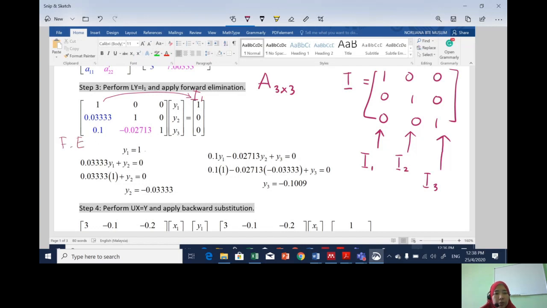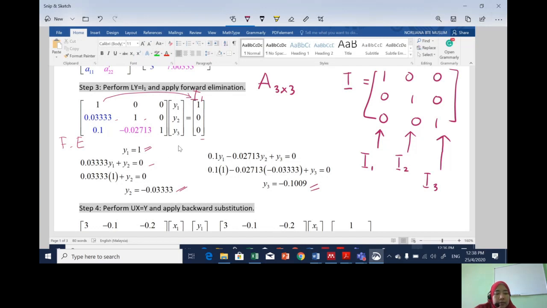We start by finding y1, and then we write down the equation for the second row, set it equal, and solve for y2, then we have this value. Then we write down the equation for the third row as shown here, let it equal 0, which is here, and then we solve for y3.